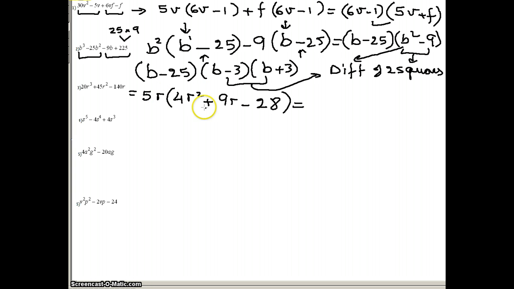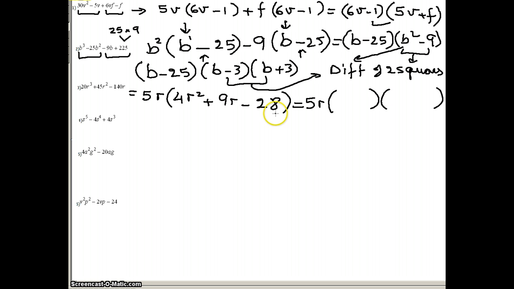Now we have to look at this factor here. This is a trinomial, and we would like to factor the trinomial. To factor the trinomial, we're going to try trial and error. As we have 4 times 7, that's going to be 28. And then if I try 4r times r, I get the 4r squared.